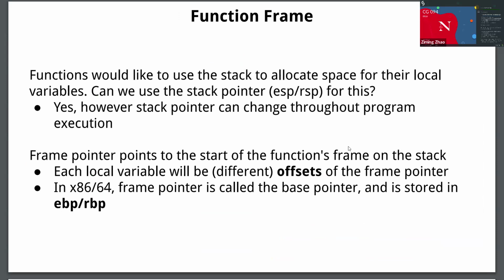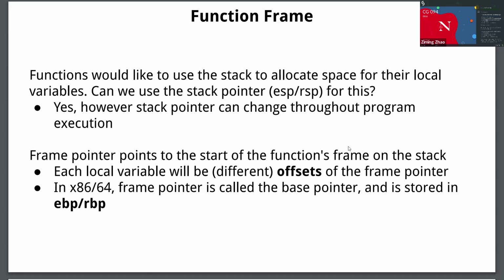So local variables are scratch memory for functions. Functions need to allocate space for those local variables. To allocate the space, they just change the value of ESP, usually moving it down. Then they will use the offset from a lower address to access those variables.